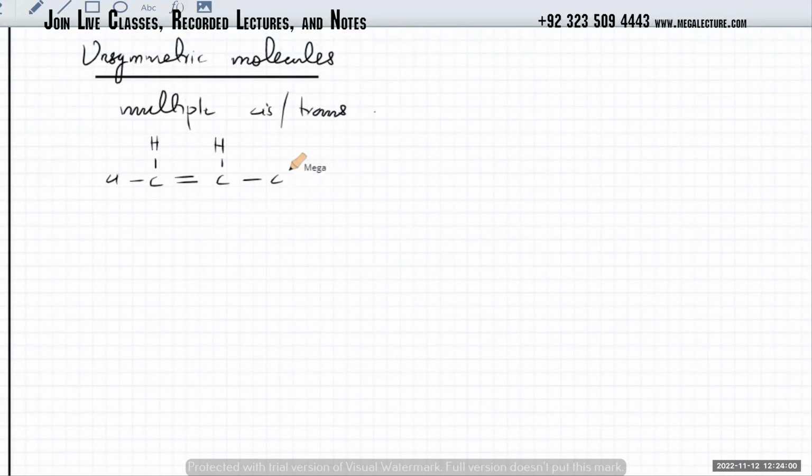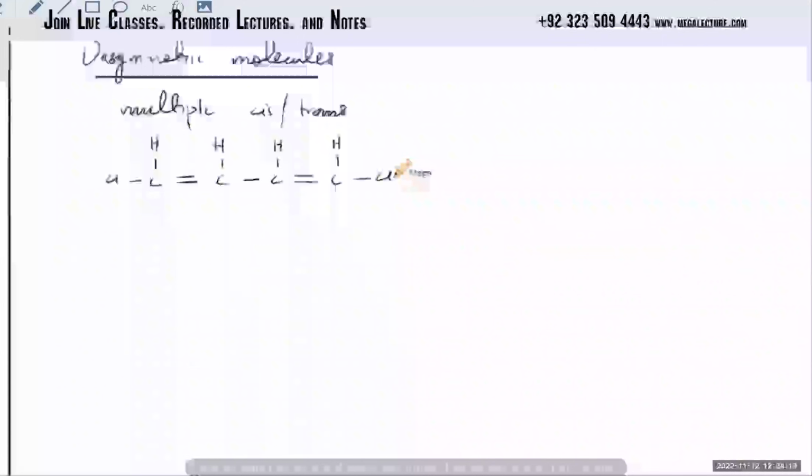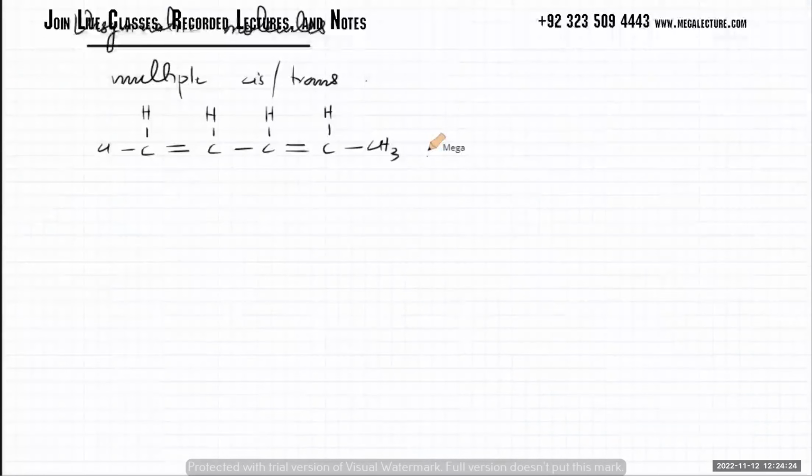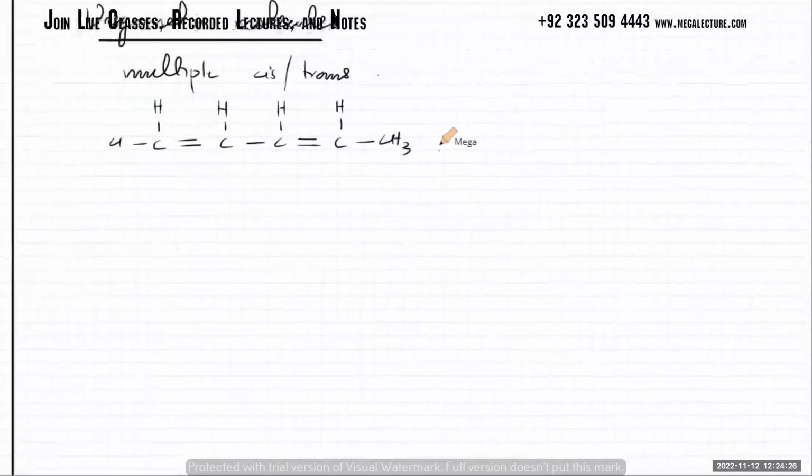I've got another double bond over here, and it's got an H, H, and a CH3. The first thing, looking at this molecule: will this molecule have cis and trans versions? I mean, it's got two double bonds.